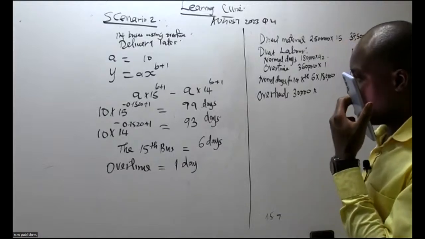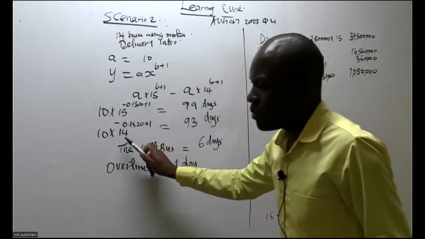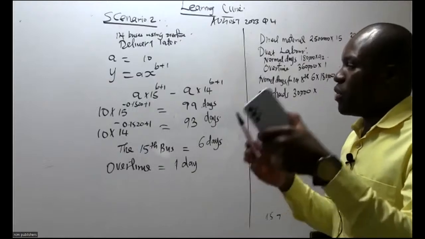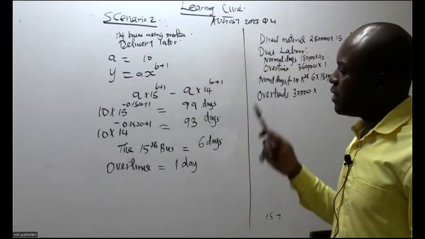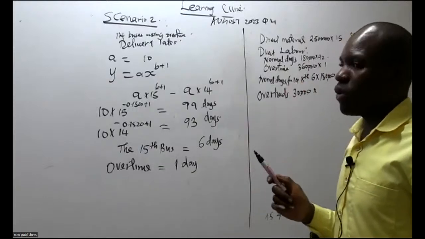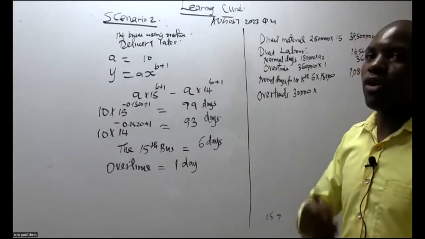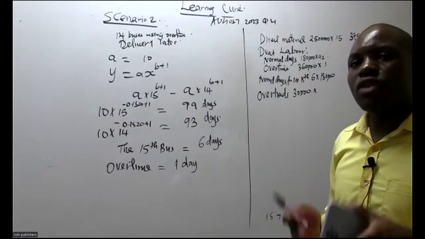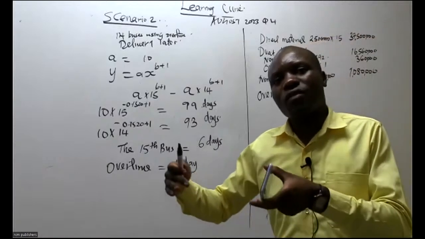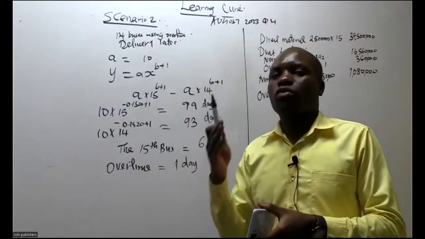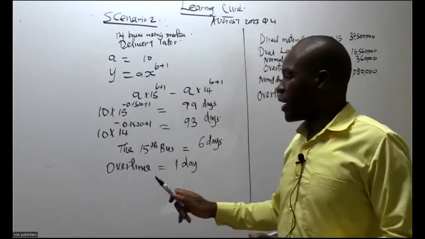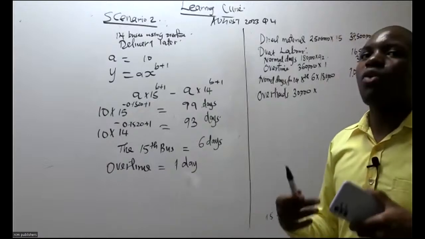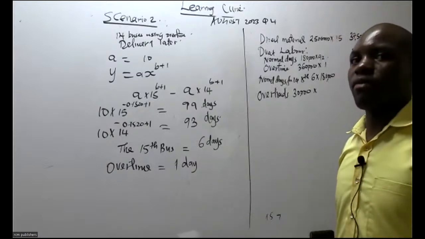But this person has said, the first 14 buses, I will work overtime and deliver them within that particular time. But the extra bus, I cannot work within the deadline. So I will work beyond the deadline. But my employees will be working during their normal working hours of the day.